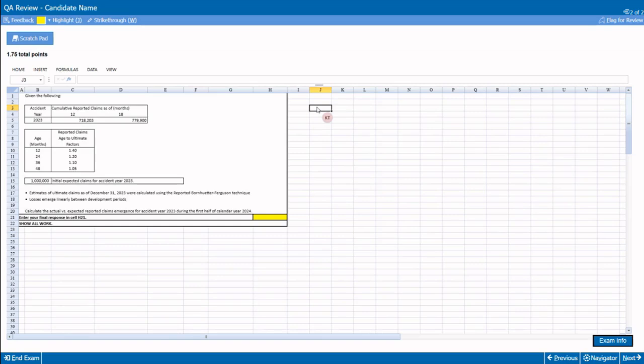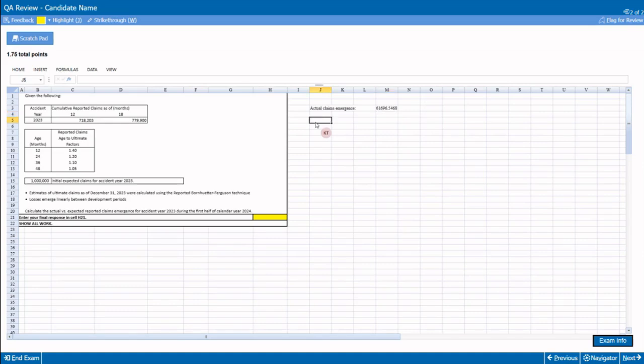So I'm going to start with that. And that is going to be the cumulative reported claims at 18 months minus the cumulative reported claims at 12 months. So that gives us 61,000.